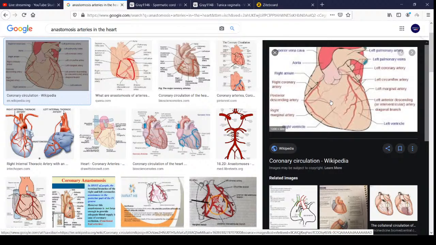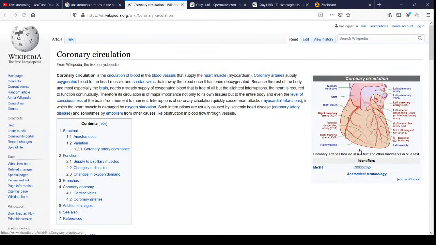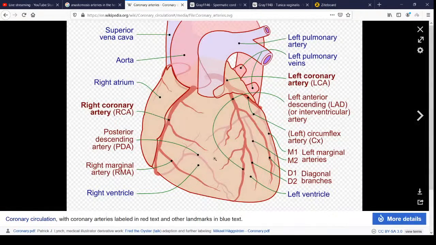You can see here there are various arterial branches which provide blood to the same region. Look here. This is the left main coronary artery, that divides to become the LAD, left anterior descending artery, and this is the left circumflex artery.